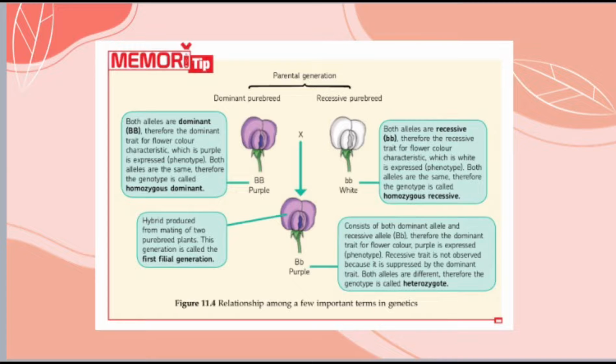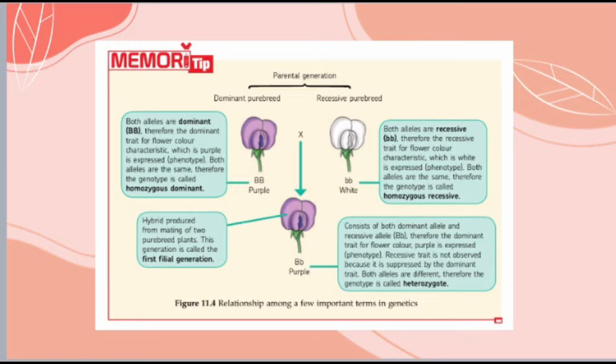For the purple one, it has both alleles which are dominant and is represented by two capital letter B. Therefore, the dominant trait for flower color, which is purple, is expressed. Both alleles are the same, therefore the genotype is called homozygous dominant.